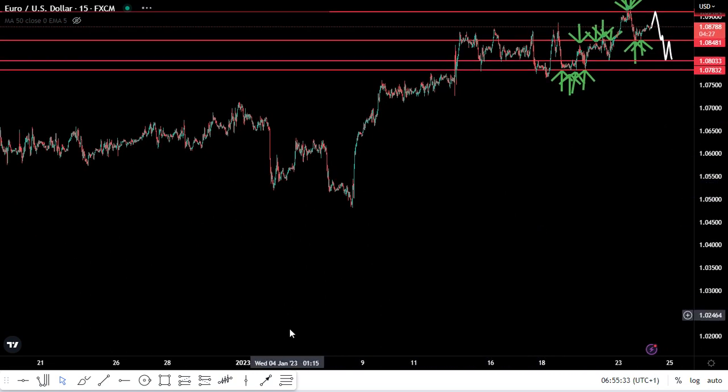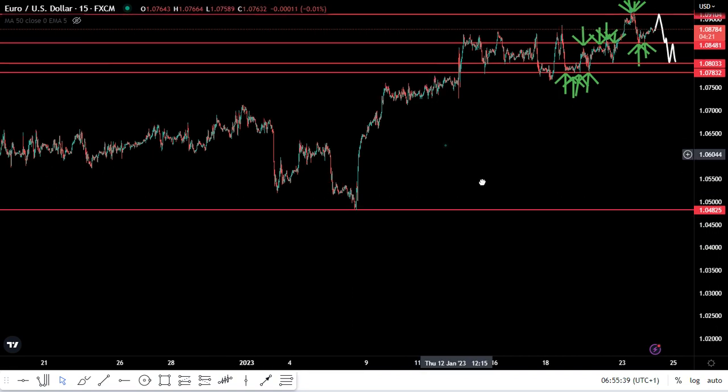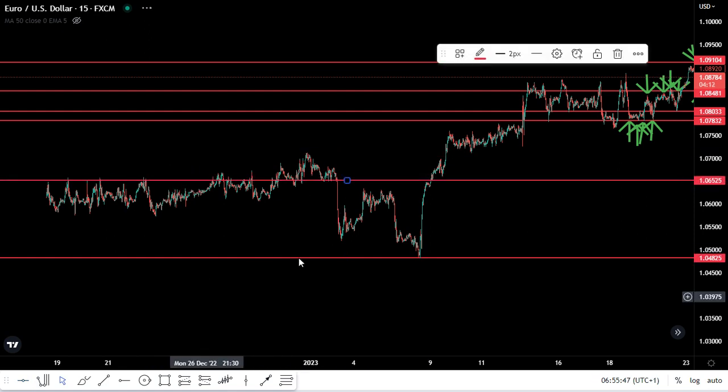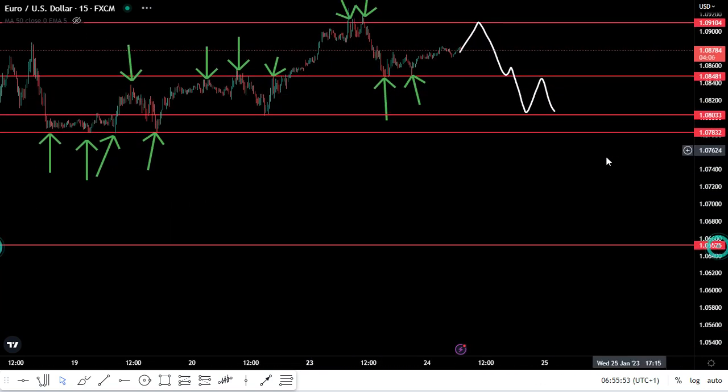Because you can see we have a level here, which I think is a very strong level. There is a swing point right there. We have all these levels that you're supposed to put in your support or resistance line. But if you did not zoom out this way, you are likely not going to see all these things.